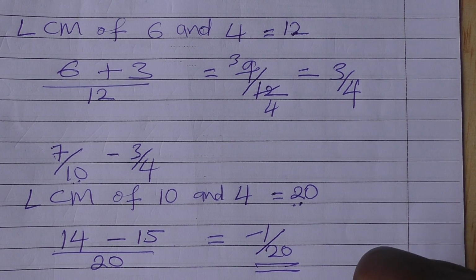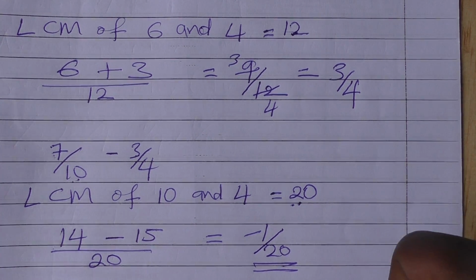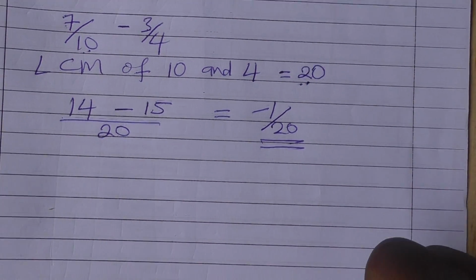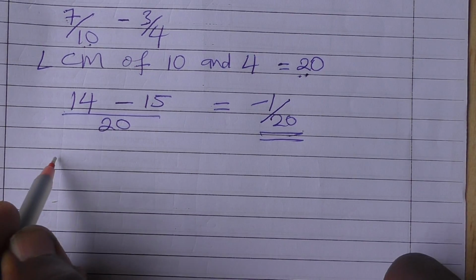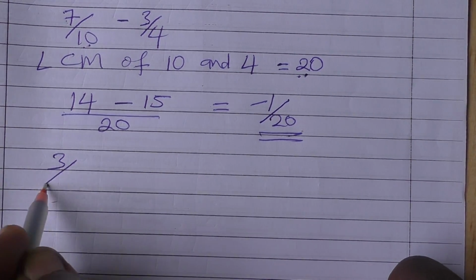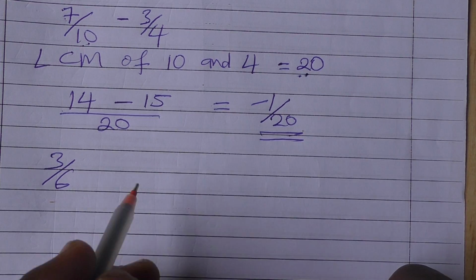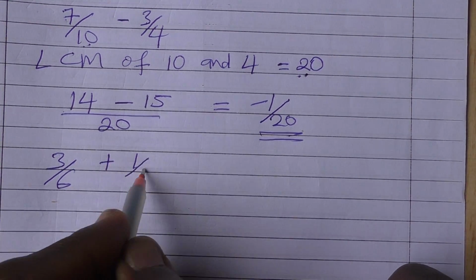However, I have what could be the easiest way. That is, if getting LCM is your problem, let's try it and see. If I have, let's start with the first one, 3 over 6 plus 1 over 4.